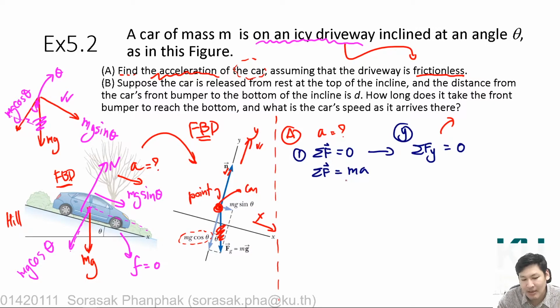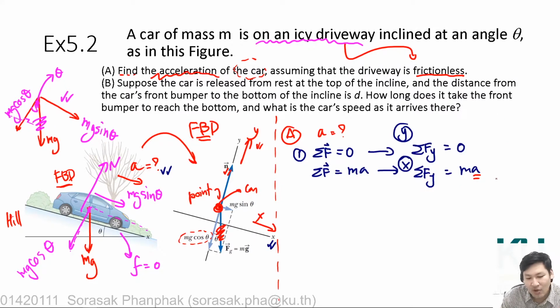However, if you look at the x components, you can see the car moving along the x-axis with acceleration. Now the x-axis is here, a tilted or rotated axis. So what you get is sigma Fx equals ma. From this relation, you can solve for a from over here.